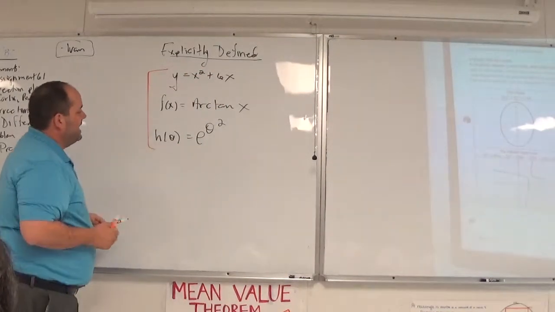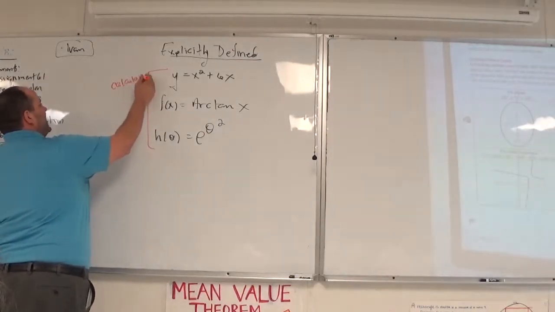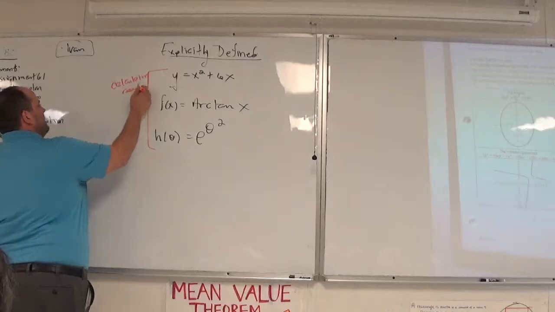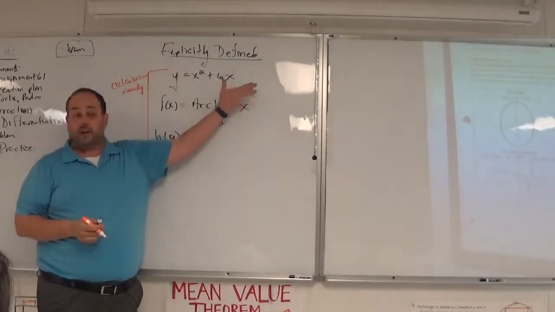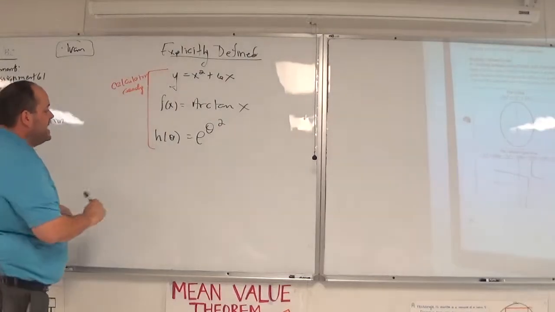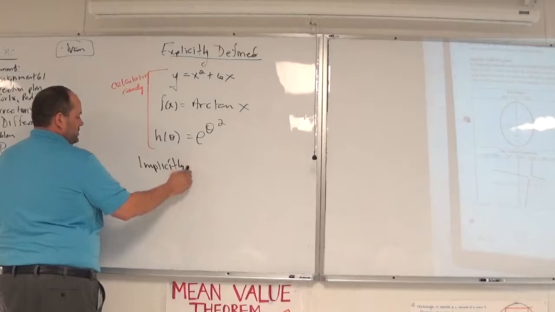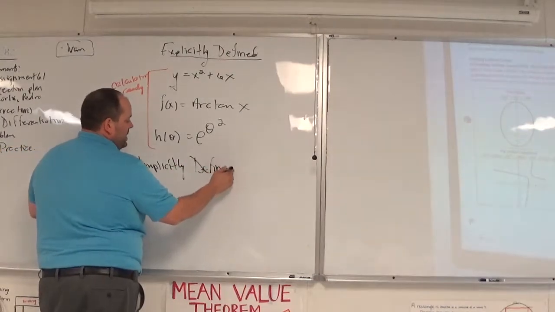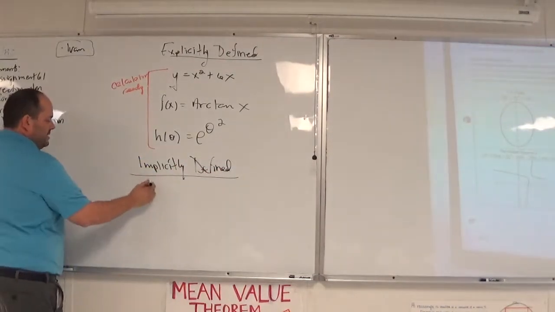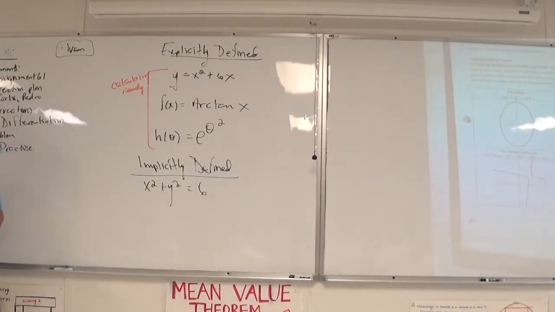Some students think about this as being calculator ready, meaning I could just go and type this expression into the calculator and be done. Everybody okay? That's explicitly defined. Implicitly defined, and this is really the focus of where we're going to be for the next 2 days, is going to be expressions that look like this one. X squared plus y squared equals 6.